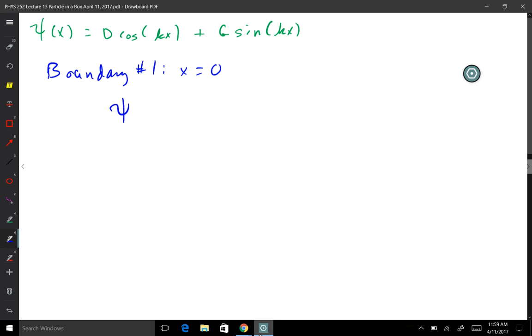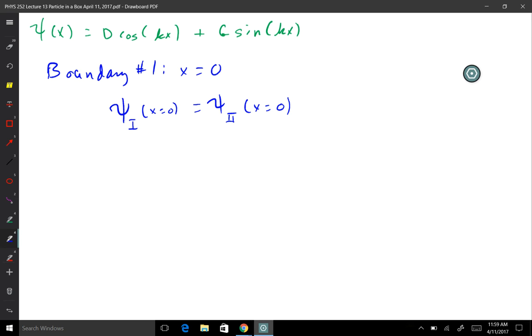I have to have psi of region 1 at x equals 0 equal psi in region 2 at x equals 0. There's another condition that doesn't apply because of the discontinuity, which is a non-real boundary. That's why the second condition doesn't apply. The normal second condition is that the slope is continuous.